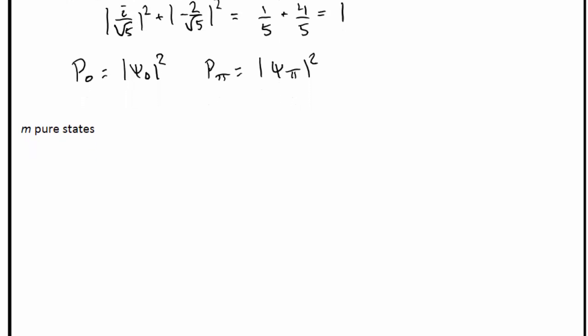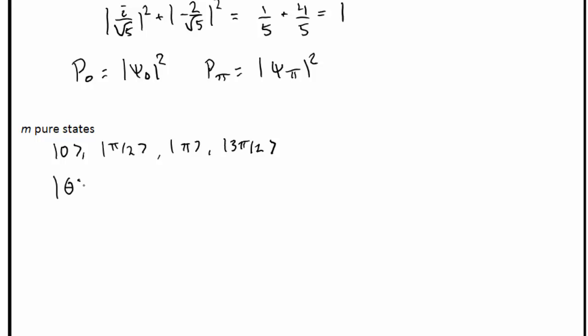Extending this model to a case where I have m holes and therefore m pure states is straightforward. For example, if m is equal to 4, the pure states will be 0, pi half, pi, 3 pi half. Those will be the pure states.